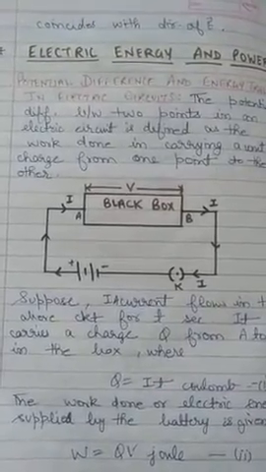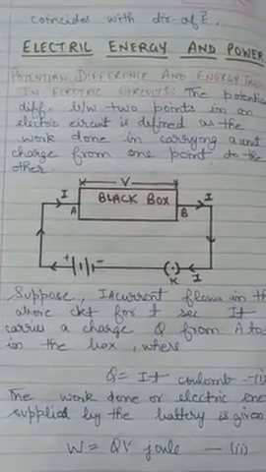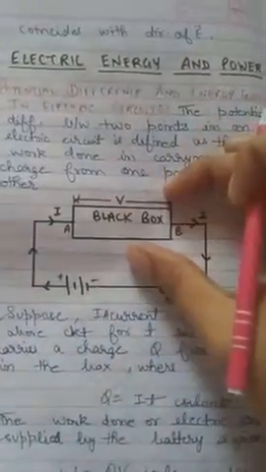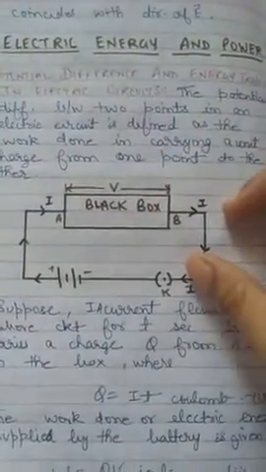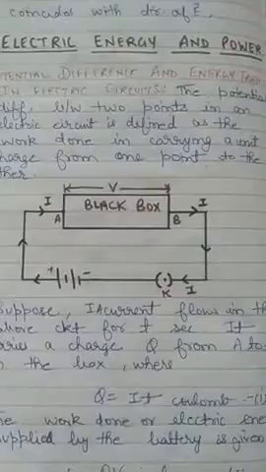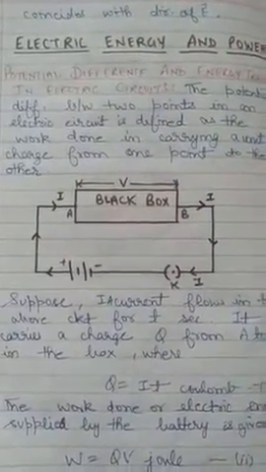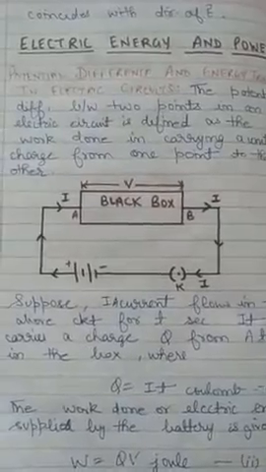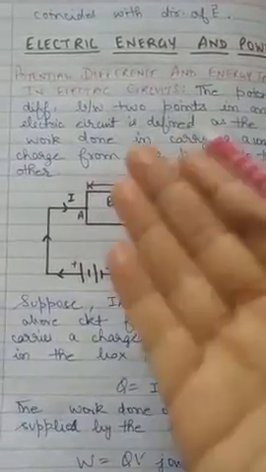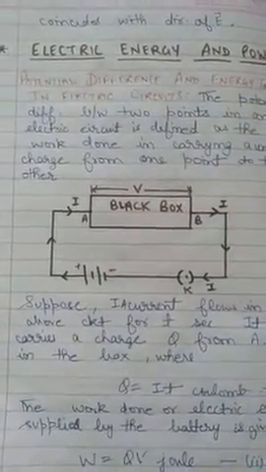Here we are using this black box only for the purpose of seeing, when energy is given to the box, how it will be liberated out. If it is liberated as heat energy, then we'll consider that inside of it is a resistor. If it is liberated as mechanical energy, then we'll consider that inside of it is a motor.